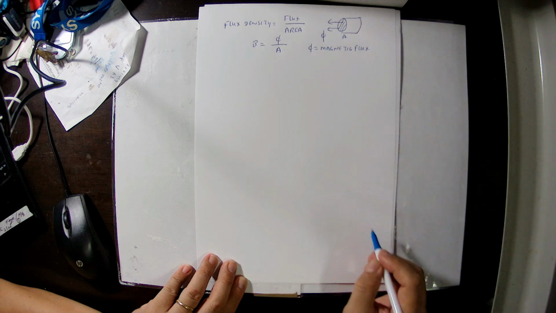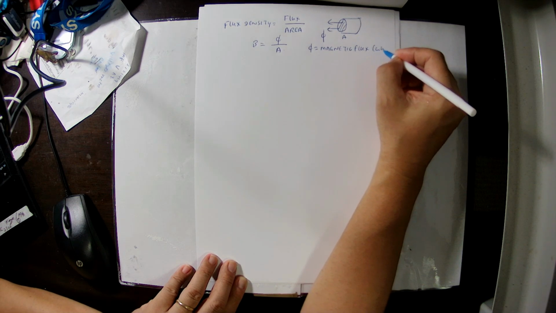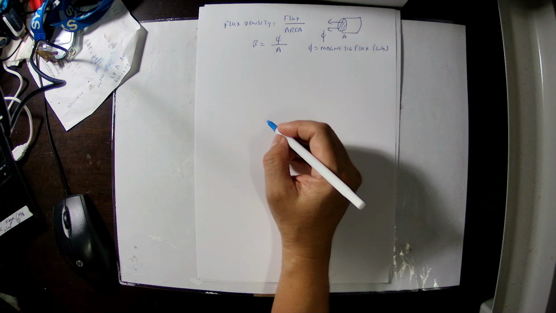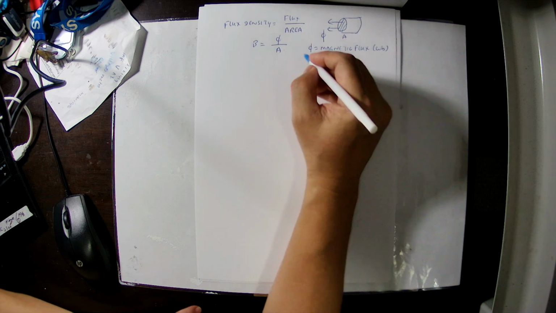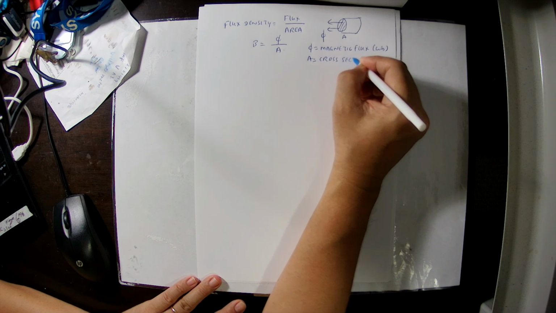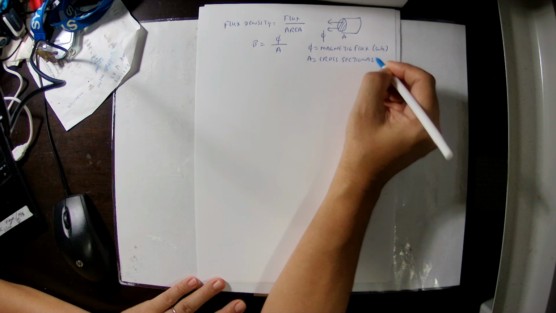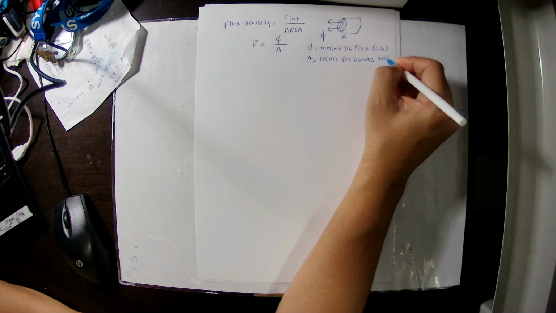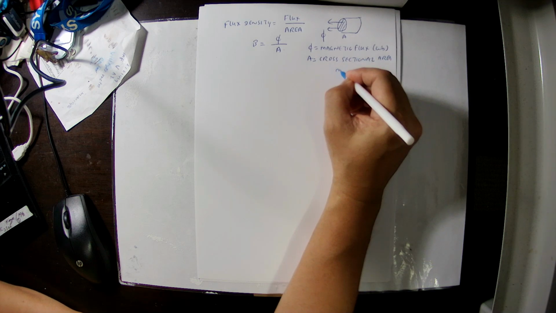Magnetic flux unit is the Weber. A is the cross-sectional area, unit is meter square.